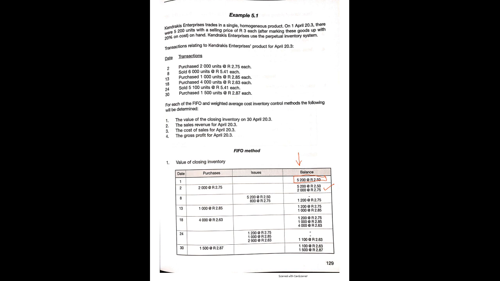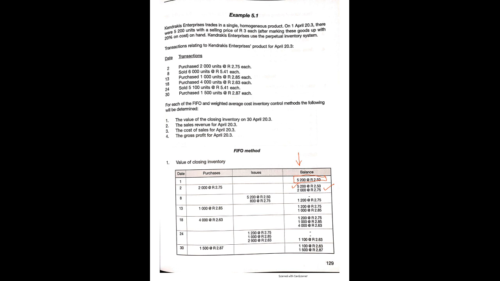So you'll indicate what was there already, what remained, the 5,200 at 2.50 each, together with the new items that were purchased, which is now going to be 2,000 at 2.75.